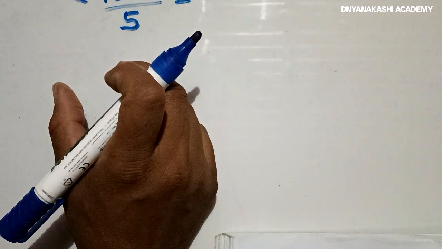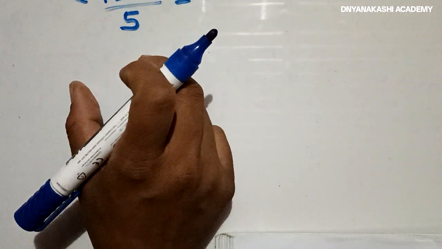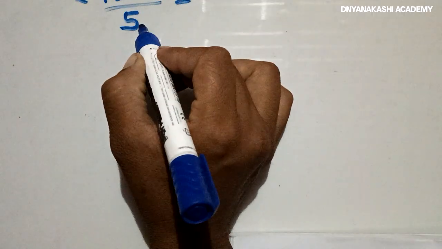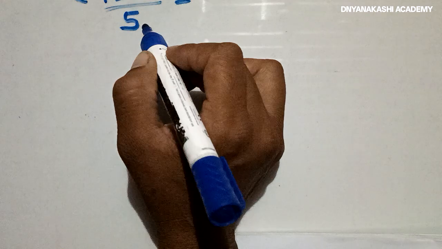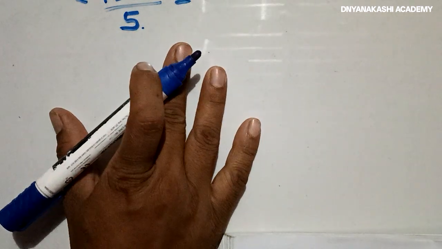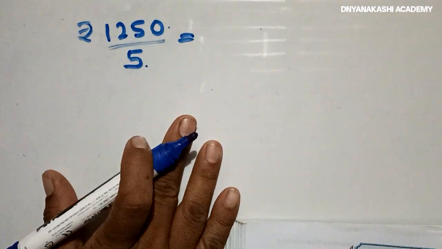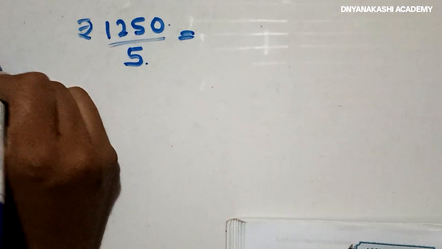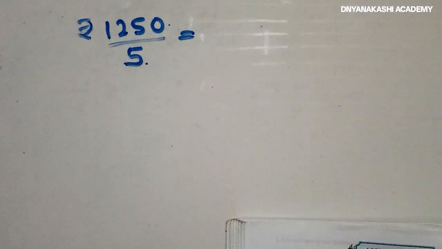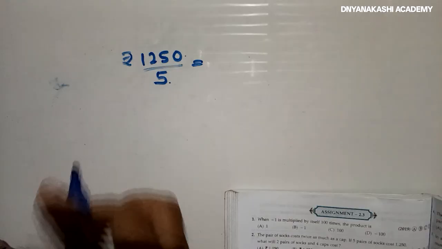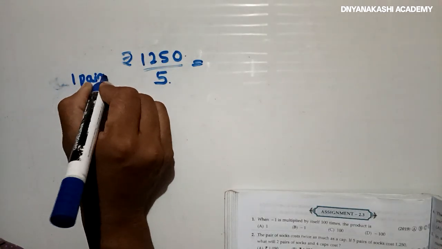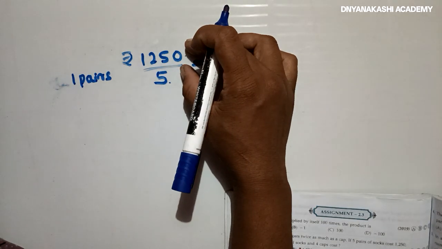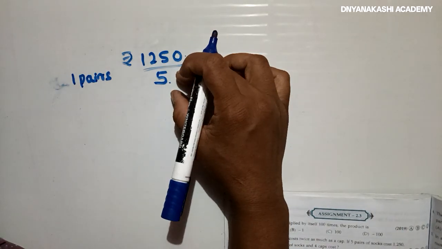And how much is one pair of socks? The cost of 5 pairs is 1250. We have to find the cost of one pair of socks. How to find it? The total value of the socks divided by 5.